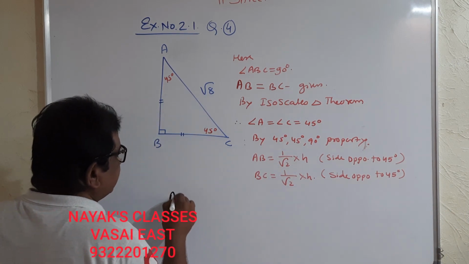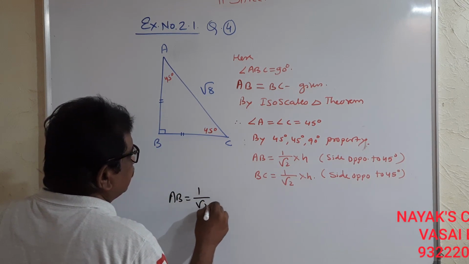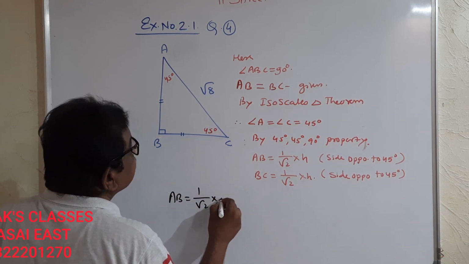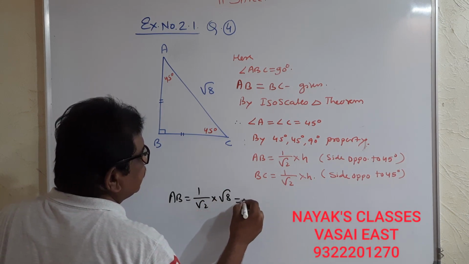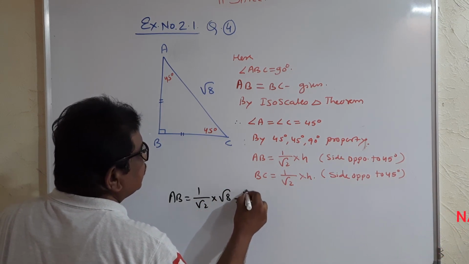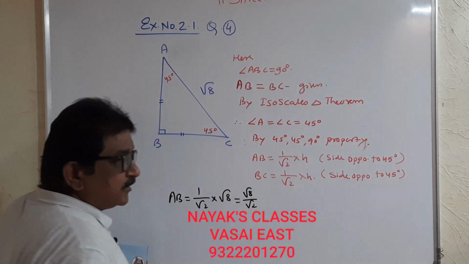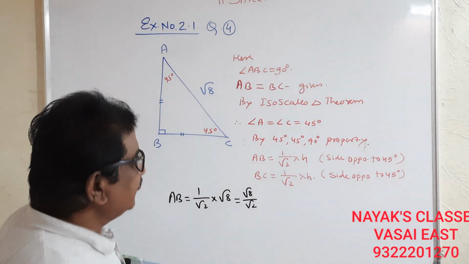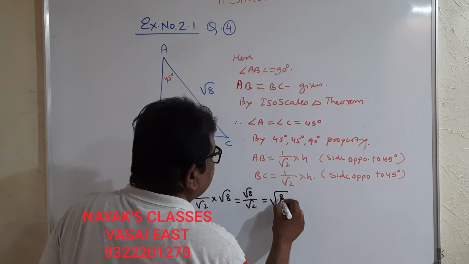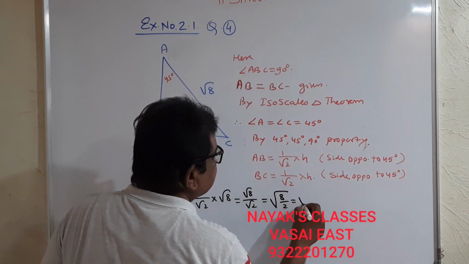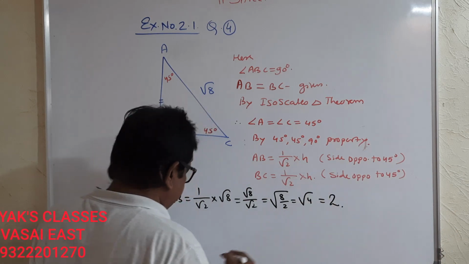Therefore, AB is equal to 1 upon root 2 into root 8, which is equal to root 8 upon root 2. So it will be under root 8 upon 2, which is equal to under root 4, which is equal to 2.